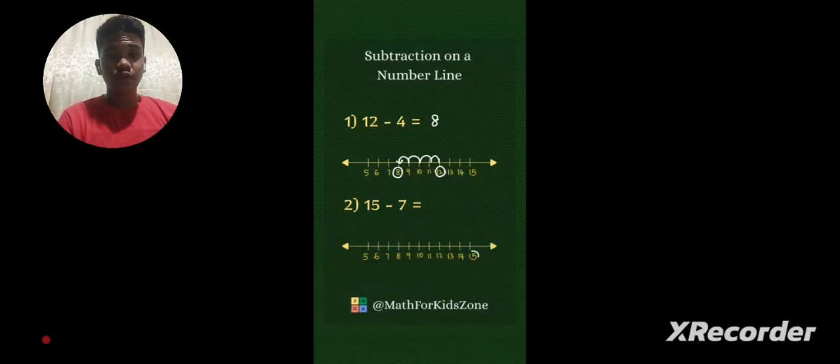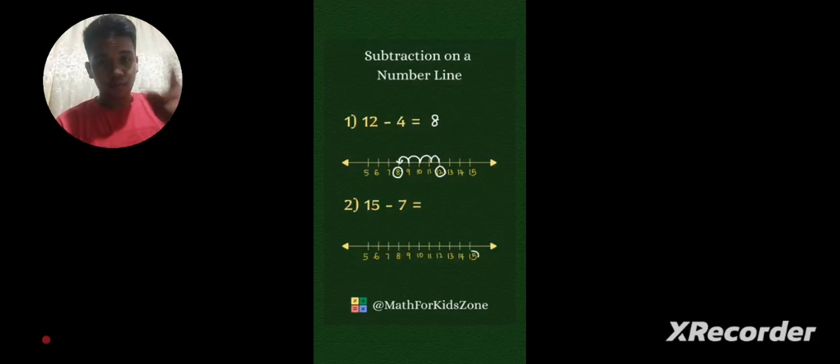Now, for number 2, 15 minus 7 equals. Again, let's determine the bigger number in the equation. 15 minus 7, what is the bigger number, 15 or 7? It is 15. So let's start at 15. Then 7 determines how many jumps we need to do, right?